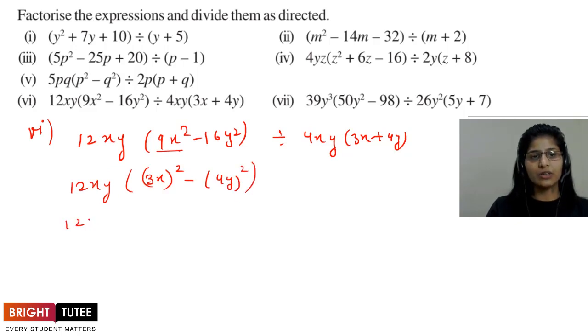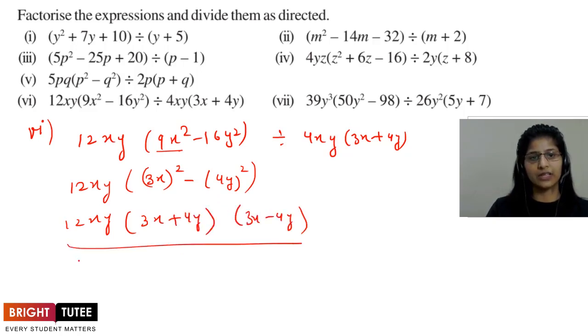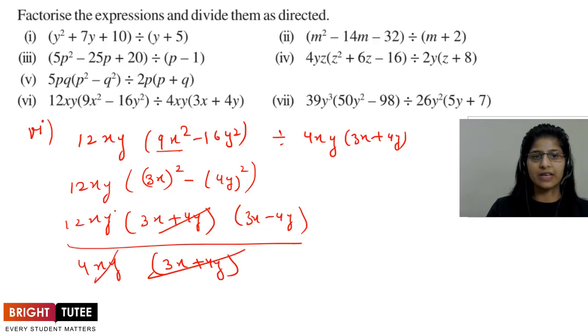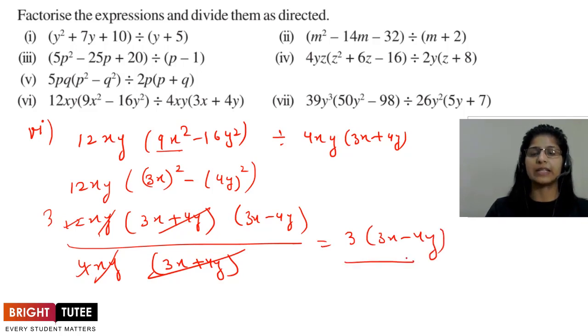So we know that this is a square minus b square again, and it is a plus b and a minus b. So this is going to get divided with 4xy, 3x plus 4y. So 3x plus 4y getting cancelled, xy getting cancelled, 4 ones are, 4 threes are. So left with 3 into 3x minus 4y. This is the answer for this question. I hope this is quite clear.